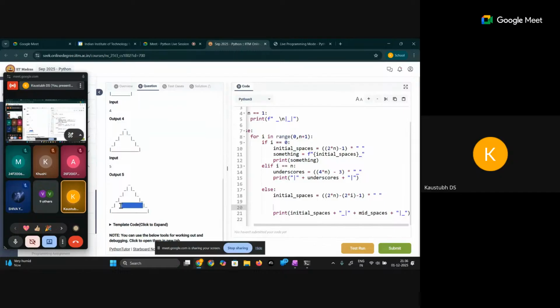The only thing that changes between the last line and the others is that here we have just spaces, and in the last line we have underscores in between, right? But you can clearly see that the formula is going to be similar, right? I mean, increasing, increasing, increasing, and then it increases in the same way for the last line, right?